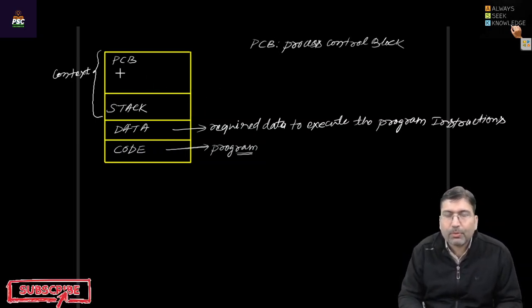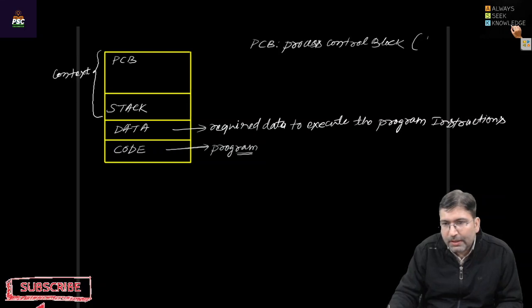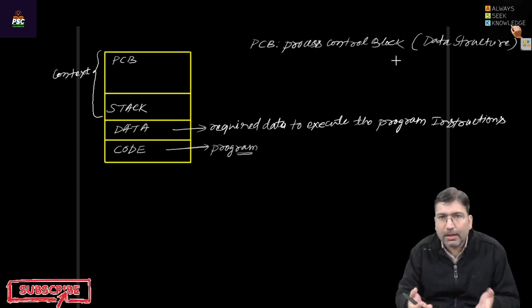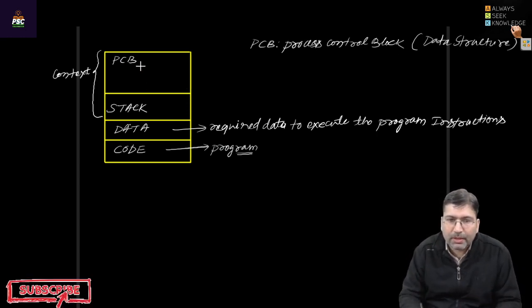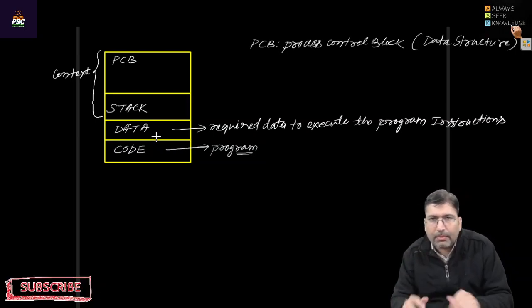There is a process control block. Every process will have a process control block, and the process control block is a data structure. So I write data structure. Data structures we create in RAM or primary memory, so it will be created in memory. The stack will also be created inside the primary memory. Data and code, everything will be loaded inside the primary memory.